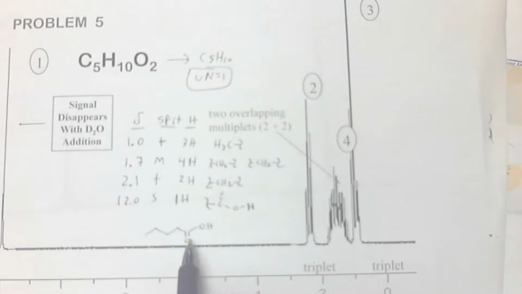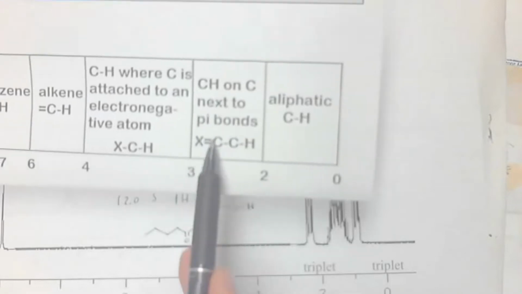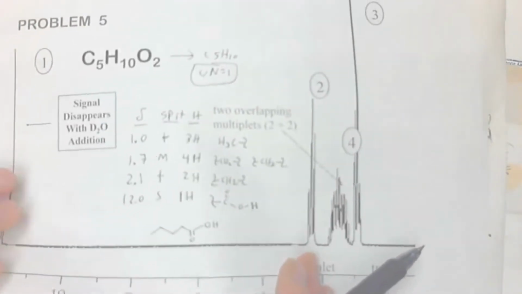And of course, that's a pi bond, right? So this being 2.1 is a triplet because there's a CH2 next door. It's at 2.1 because it's next to a pi bond. Remember that? 2 to 3, CH next to pi bonds, right? Okay, cool. So that was not that hard of a problem.